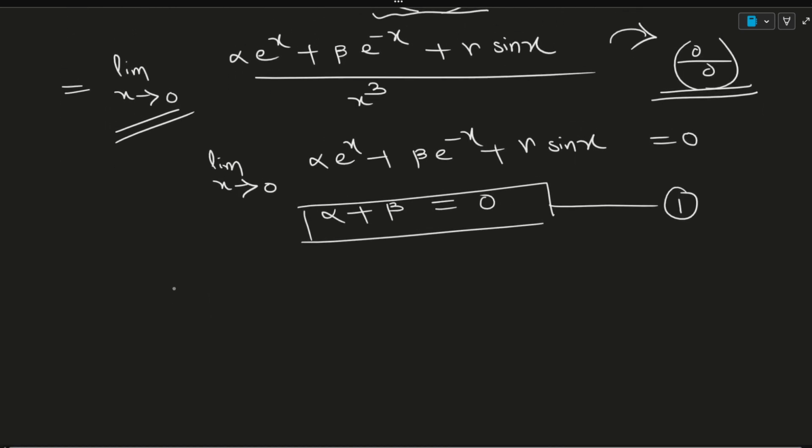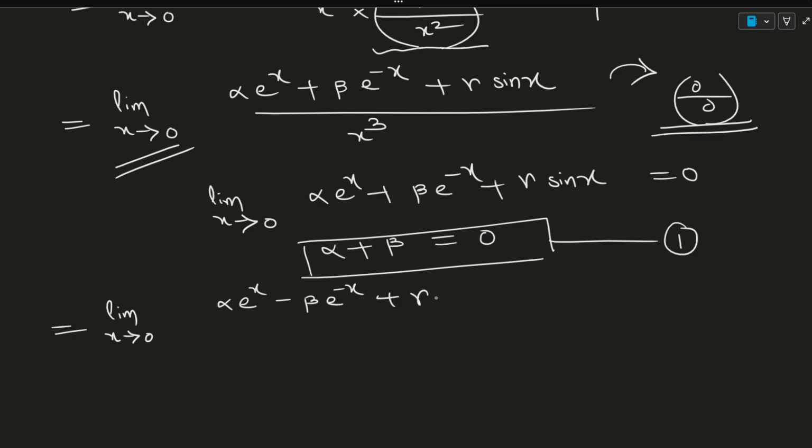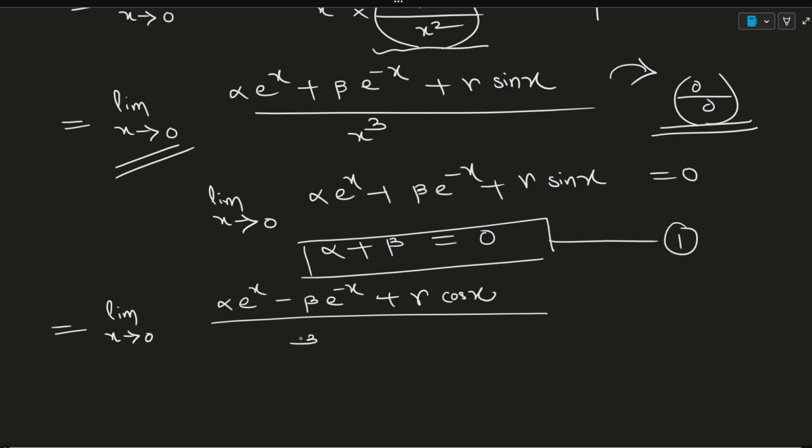Now I will apply the L'Hospital rule. I will differentiate the numerator and denominator separately. Then it will be alpha e to the power x minus beta e to the power minus x plus gamma cos x, over 3x square.